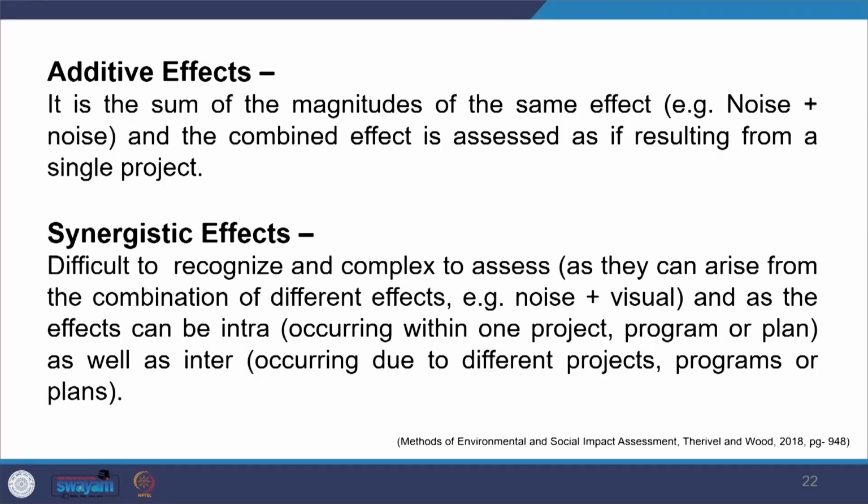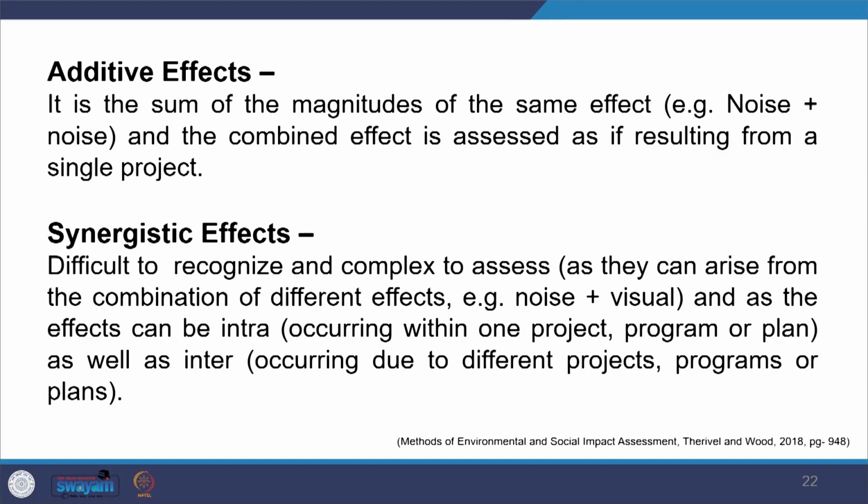Now looking at additive effects, you might pay attention here. It is the sum of magnitudes of the same effect. So when we say additive effects, if we are dealing with noise, we are looking at noise coming from one source and noise coming from the other source.